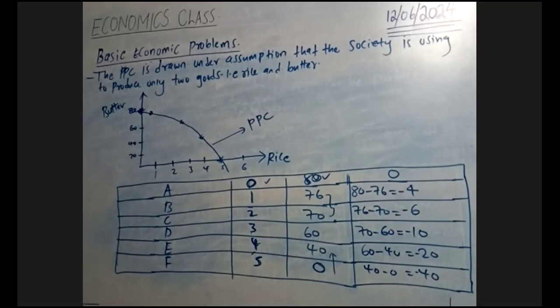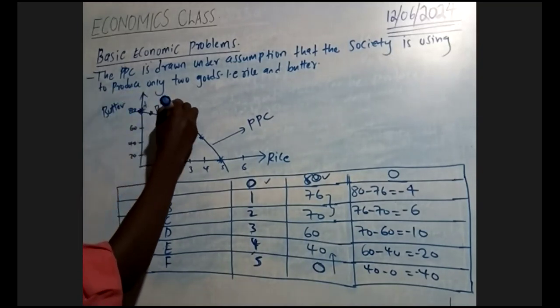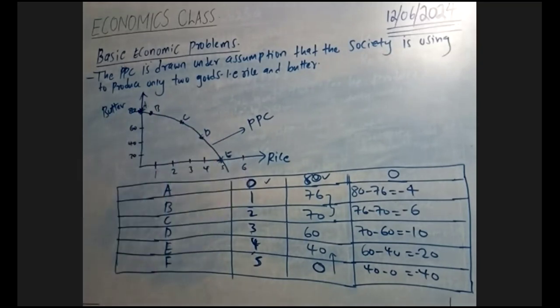Now at any point along the curve, so this one is A, B, C, D, na E. At any point along that curve, it represents that the country is using their resources well.